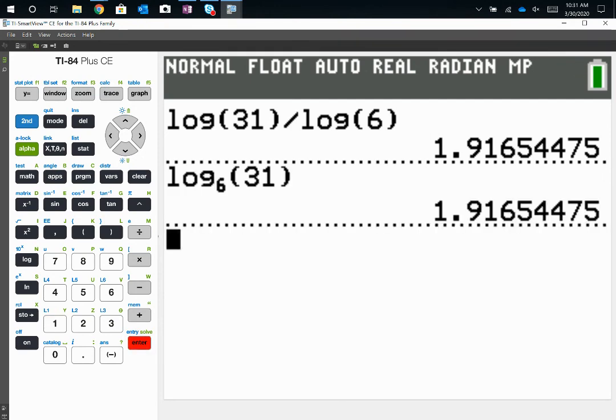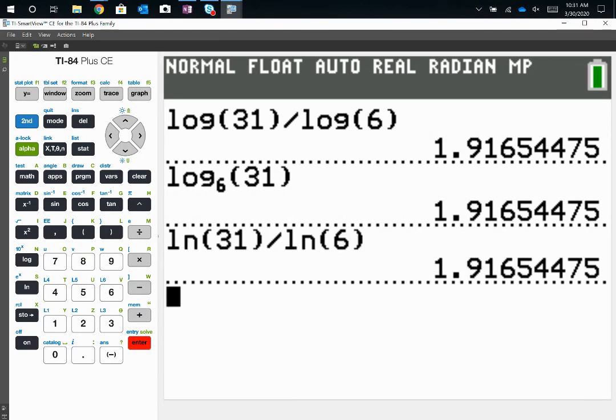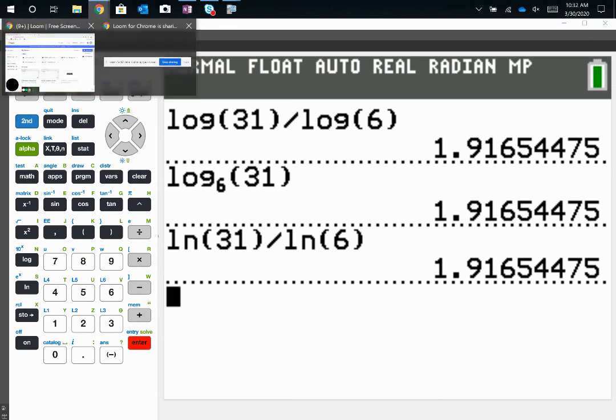Okay, and again, it doesn't matter if you took a natural log, you would still get exactly the same answers. So I just wanted to throw this in there.